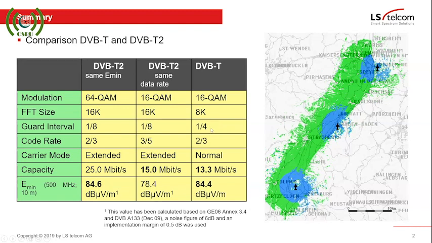But this is the same actually in kilometers for the T2 versus the T1 standard. And then you've got the same code rate. You've got normal, not extended. And then we again sit there with a much bigger capacity with the T2, which just highlights the importance of T2 and the advantages you're getting from it.